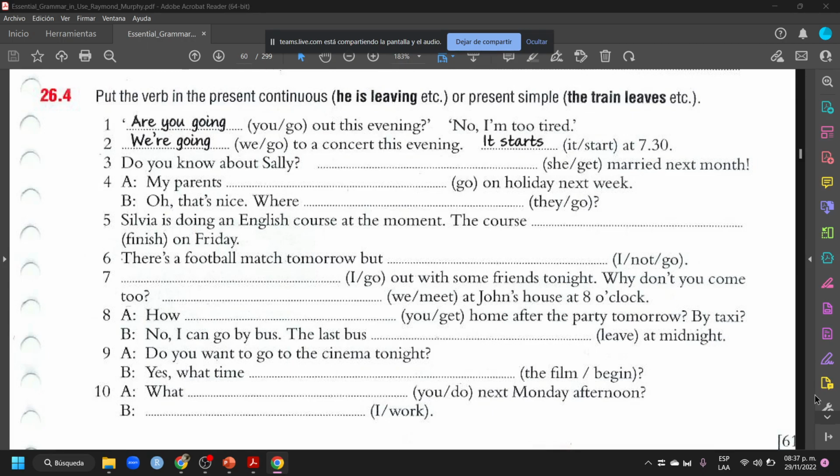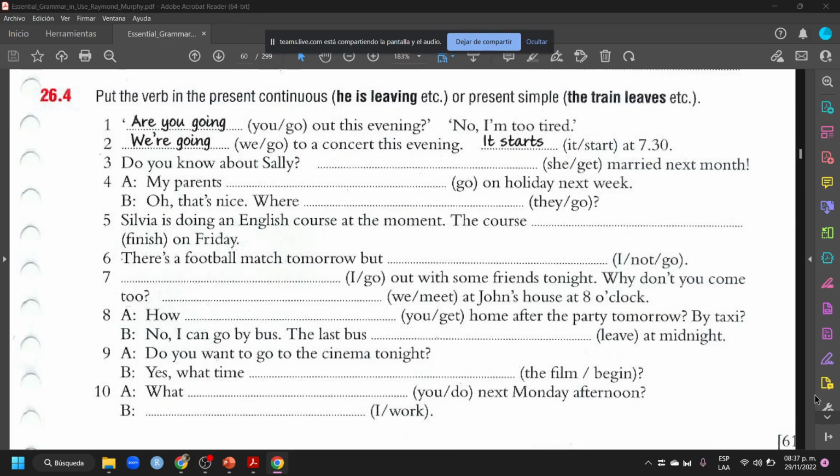Okay. The next, number 6: there's a football match tomorrow, but I am not going. But I am not going.